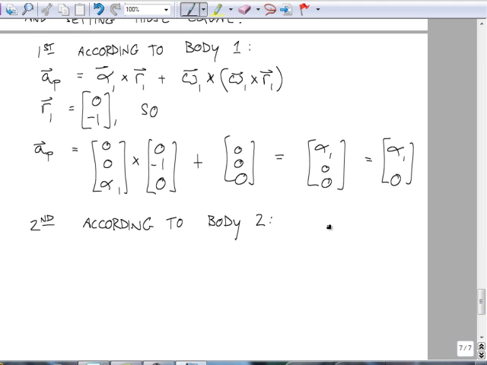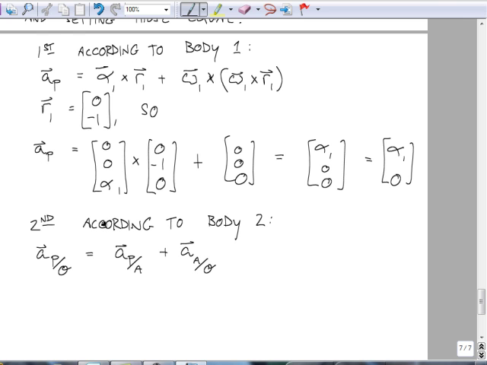Okay, so the acceleration of P relative to the origin is equal to the acceleration of P relative to A plus the acceleration of A relative to the origin. And what's the A?